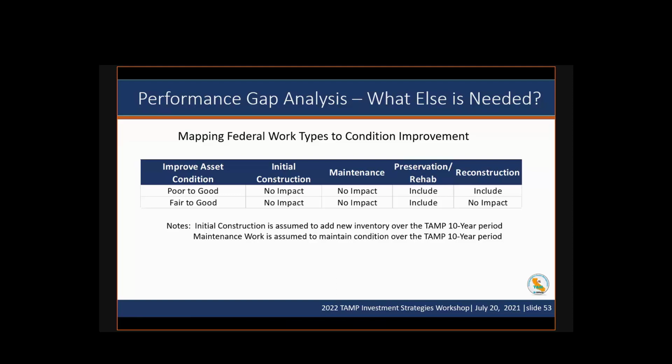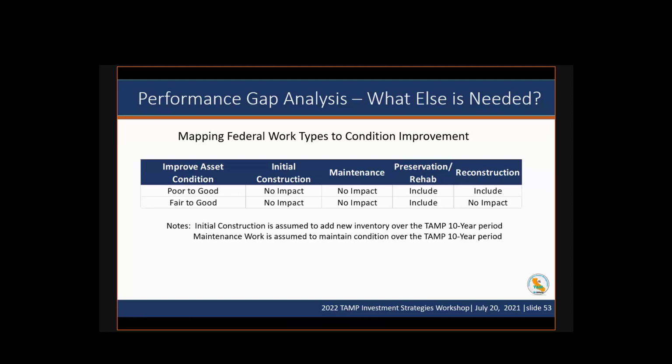And then when you look at the poor assets and being able to improve them, it's going to be a portion of your preservation and rehabilitation investments and pretty much 100%, right, of your reconstruction investments.